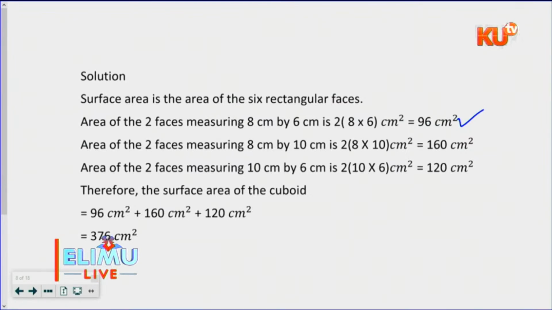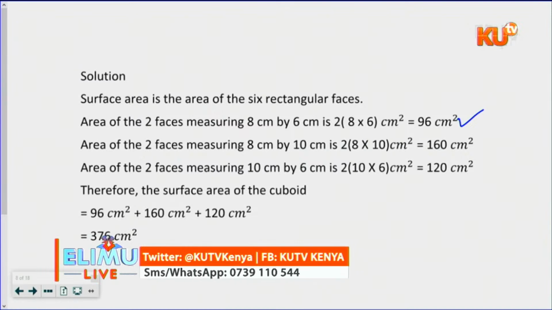Area of 2 faces measuring 6 by 10, which will be not 6 by 10, rather 8 by 10. So there are 2. We say 2 into 8 times 10, and this one will give us 160 square centimeters, I mean.